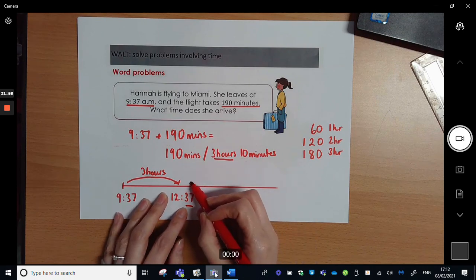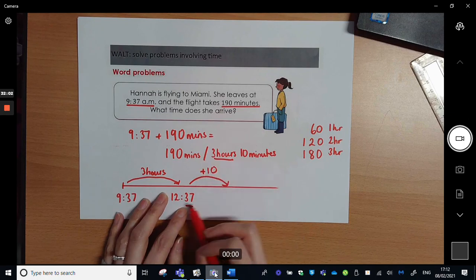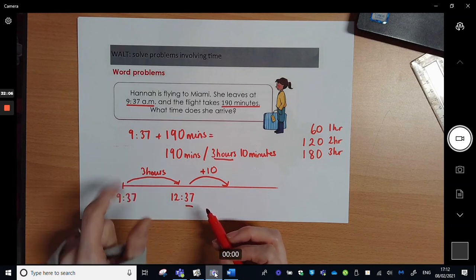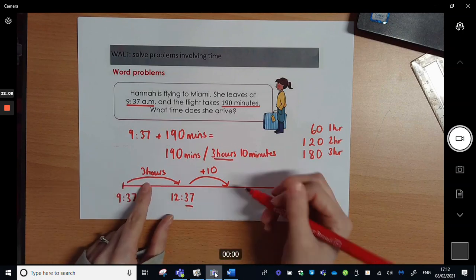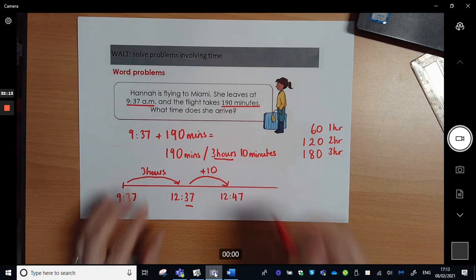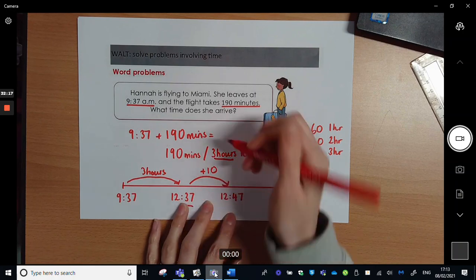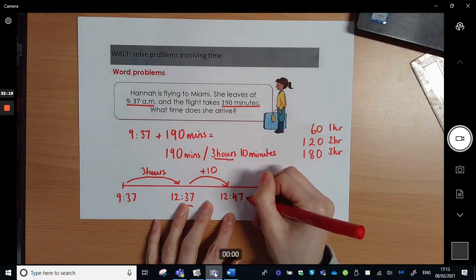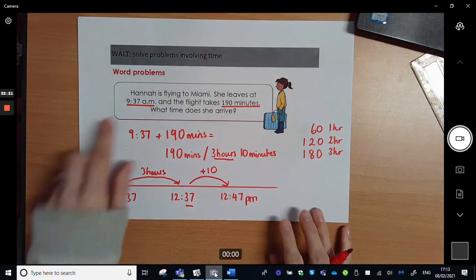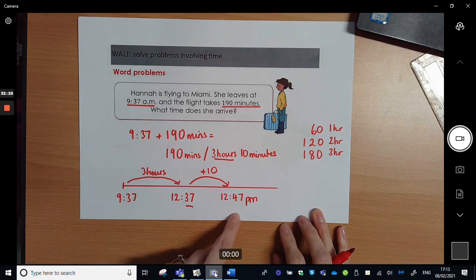So 12:37 plus 10, so 30, 40. So my answer is going to be 12:40. Okay. Now remember, if I was going to answer this question, I need to make sure I put PM because it started off as AM, but our flight's taken time.